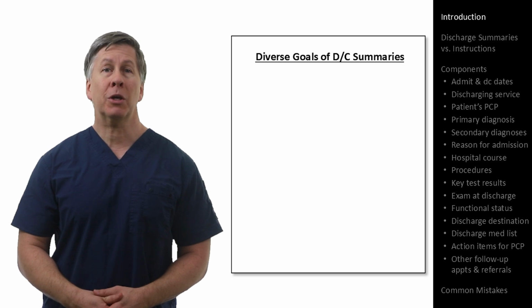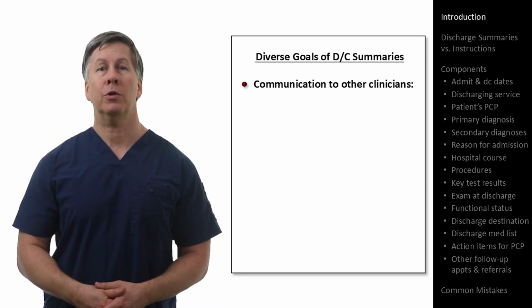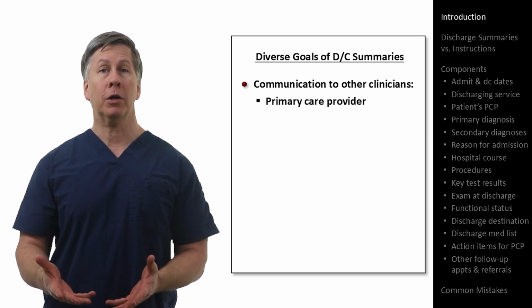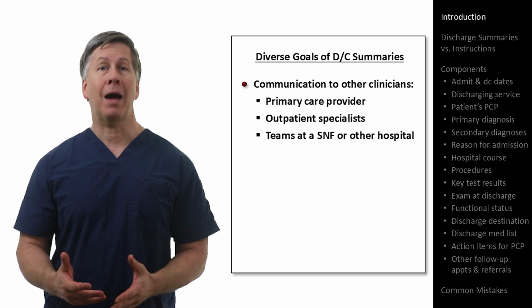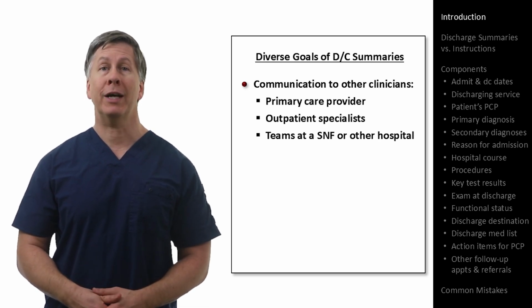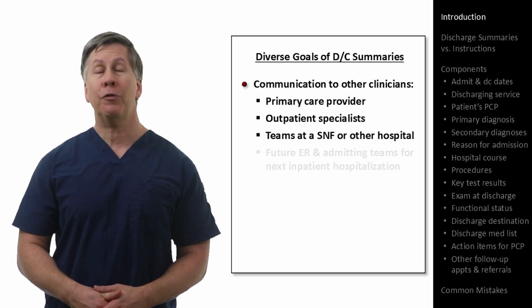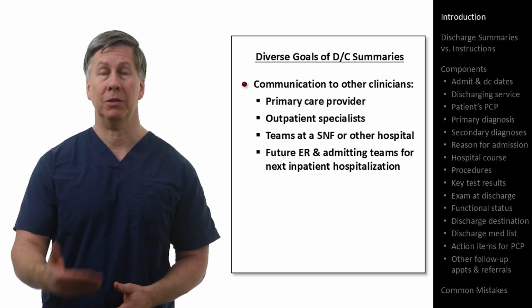What are those diverse goals? Well, DC summaries are meant to communicate information to other clinicians. That includes the patient's primary care provider, outpatient specialists, the clinical team at a skilled nursing facility or another hospital if the patient is being transferred, and future ER and admitting teams for the patient's next hospitalization.